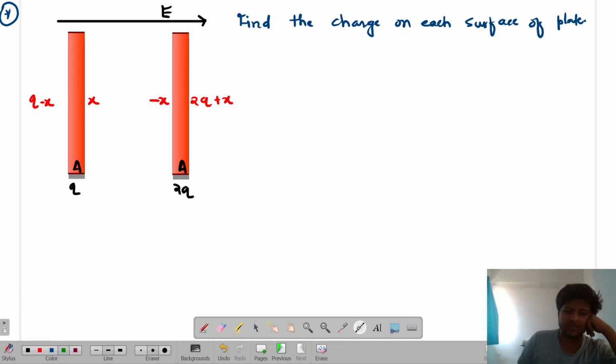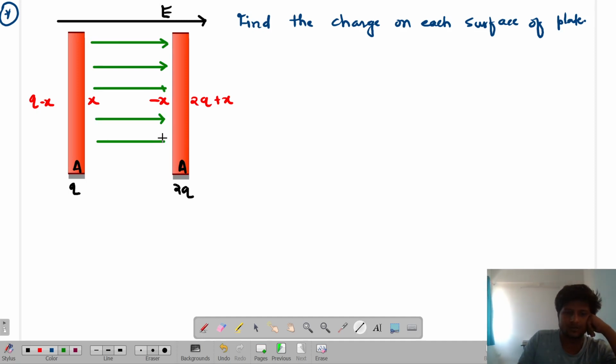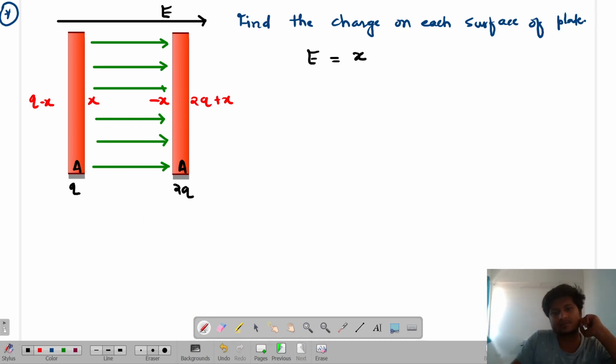The electric field in any region. But mainly the electric field will exist in this region, isn't it? I don't know whether it is going to be the same or different, it can be anything. But the electric field will exist in that, and that electric field will be X by A epsilon naught.